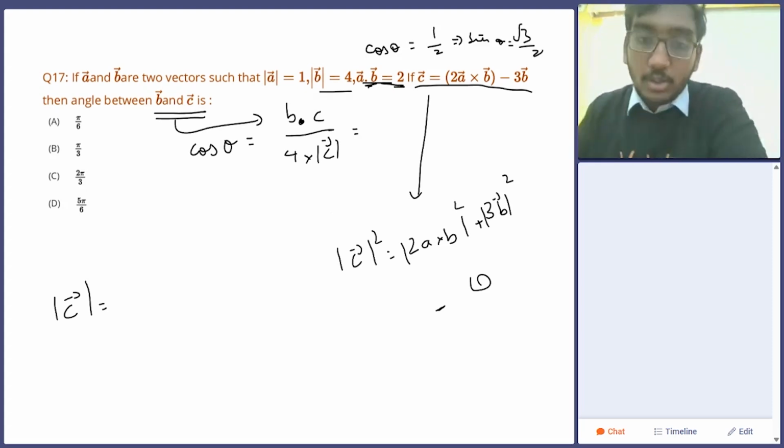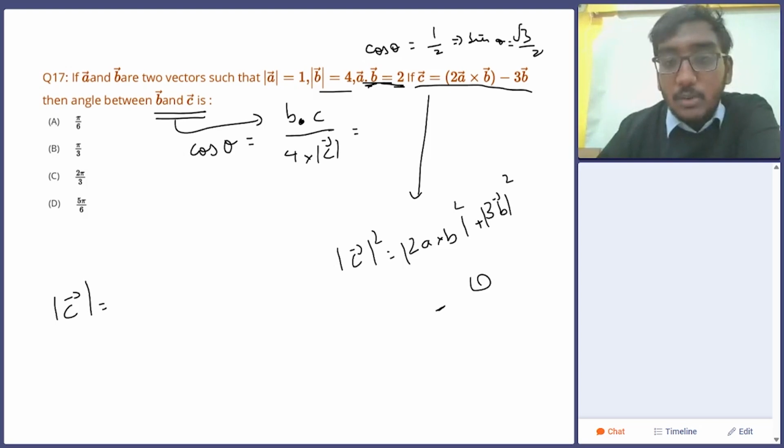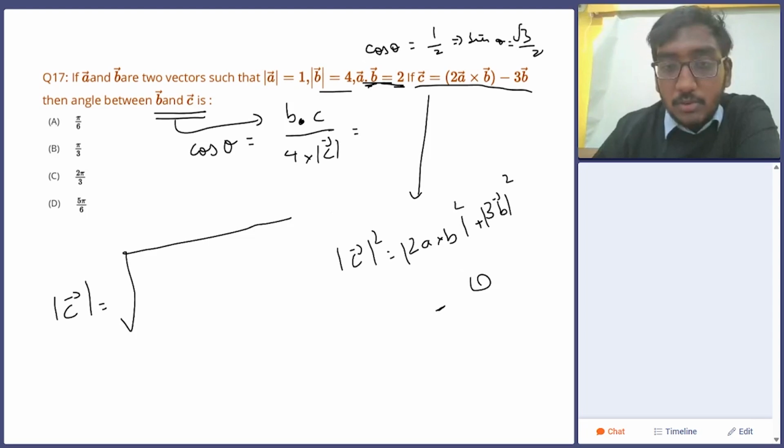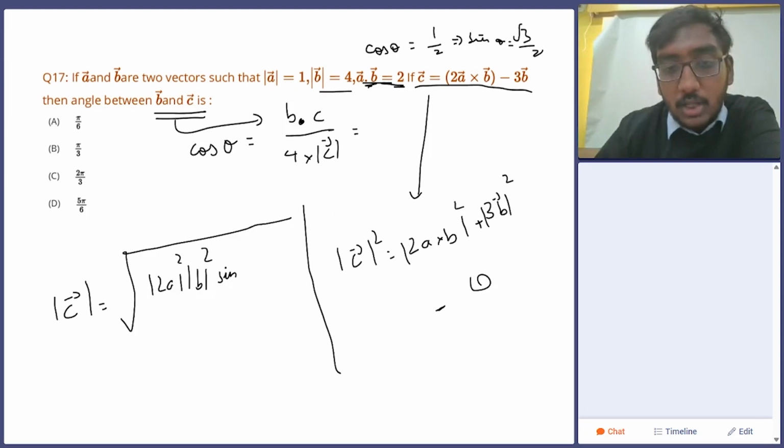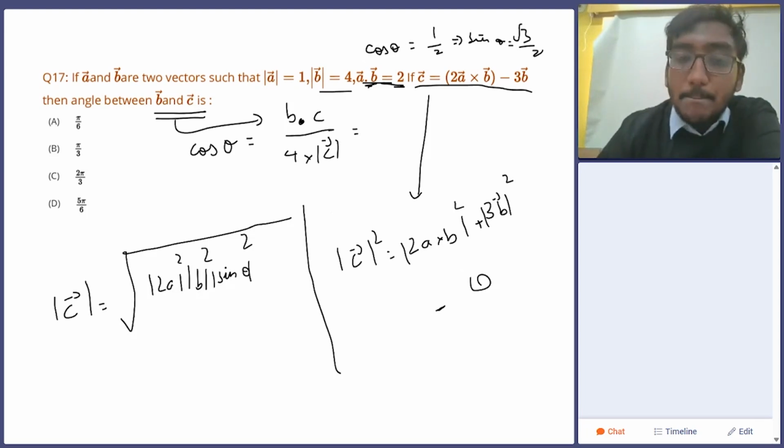So for the angle between A and B, that idea you can use. So 2A cross B will be what? Basically, C will be the root of this, no? 2A cross B will be mod 2A square, mod B square and sin theta square. Theta is the angle between these two, okay?